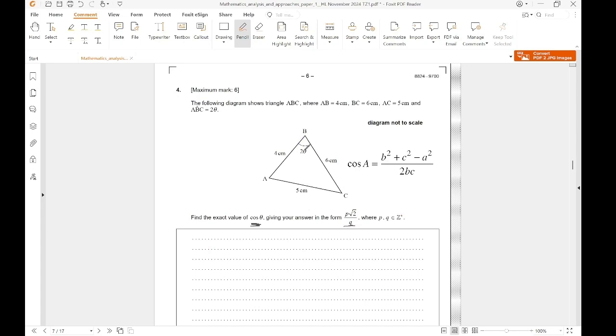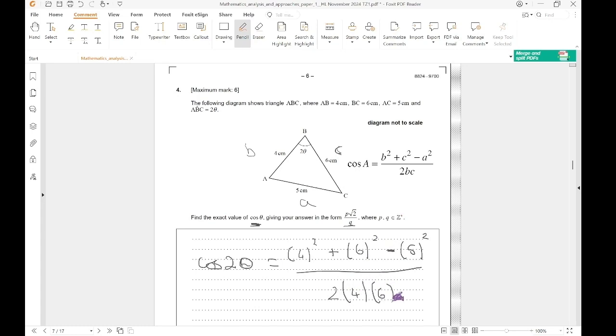Right now they've given us 2 theta, so we do not change the value that they've given us. You can if you want to, but this is how I would do it. So cosine 2 theta is equal to, we plug in our values. So B is 4 squared, plus C, 6 squared, minus A squared, which is 5 squared, over 2 times 4 times 6.